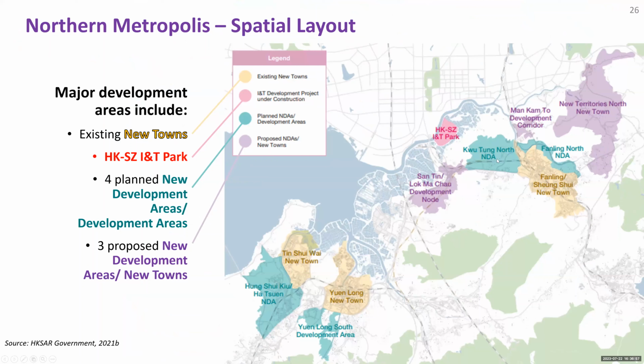The green ones are the developing new development areas, and the purple ones are the new ones: the New Territories North New Town, the Mee Kam Development Corridor, and then currently the Sentient Technopole, which has caused a lot of discussions. I think Susanna also mentioned that earlier on.